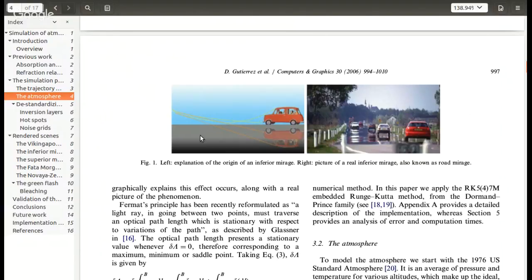They describe the exact atmospheric conditions needed to get this effect, where you get this inversion. When the light bends up, the person actually sees the car underneath the road. This happens under very predictable conditions, and this paper goes into a lot of detail about what those conditions are.